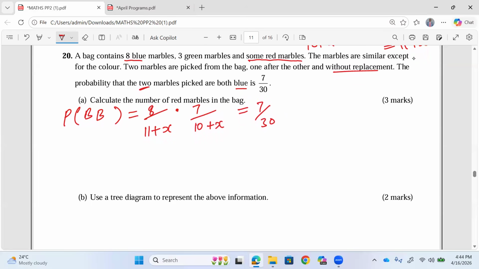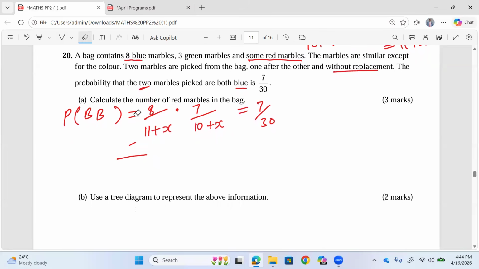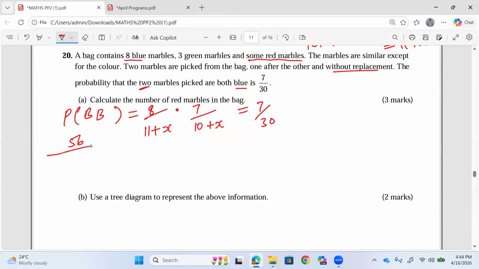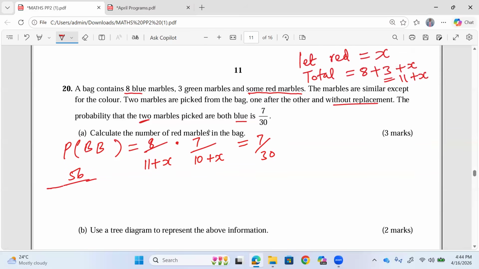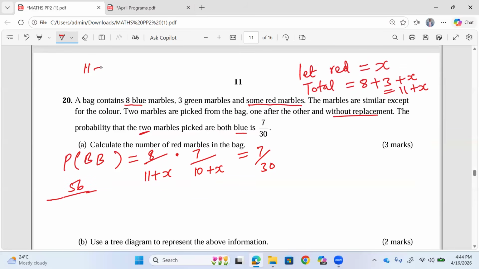This is supposed to give us 7 out of 30. So this is going to be 56, that's 8 by 7. We get 56 out of, let me use the space on this side because the question might be very involving. 56 out of the denominators multiplied: 11 plus x into 10 plus x.